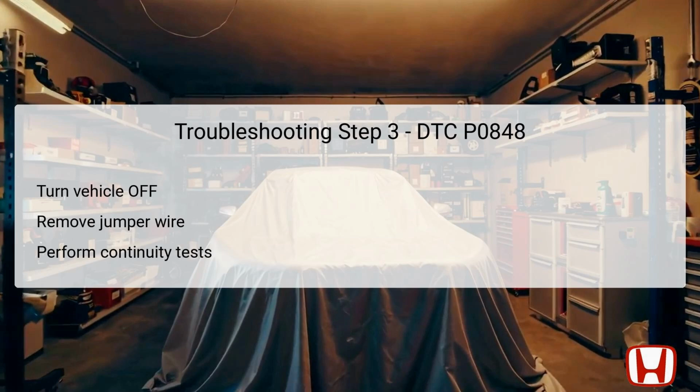Check for continuity between test points 1 and 2, ensuring that the circuit between the transmission fluid pressure switch and the PCM is intact. If there is continuity, it confirms the wiring is functional, and you will need to replace the PCM. Should continuity fail, focus on repairing the open circuit in the OP3SW wire.